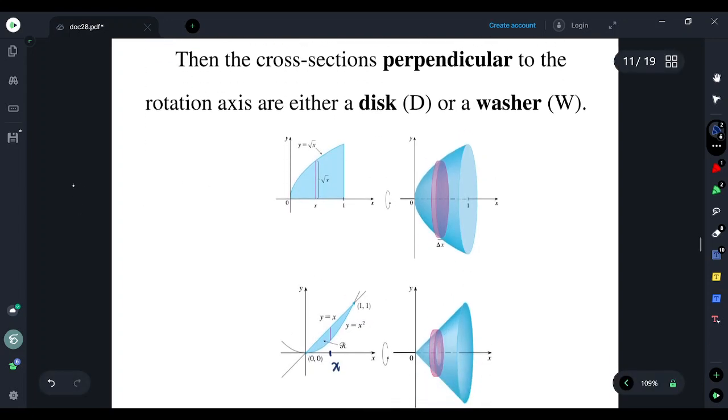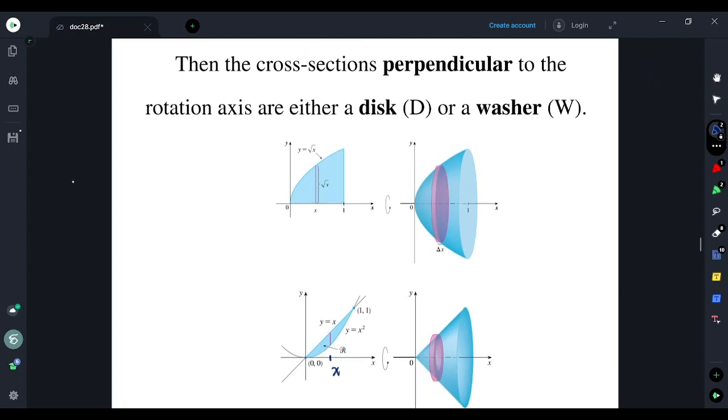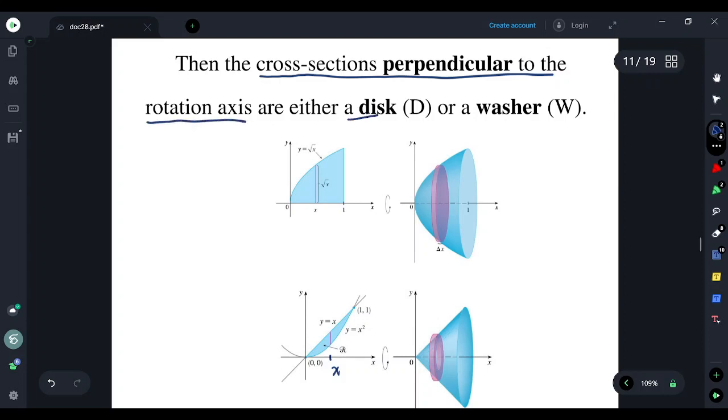So in conclusion, when we rotate a region about the x-axis, the cross section that you make perpendicular to the rotation axis is either a disk or a washer, right? So the rotation axis is x.